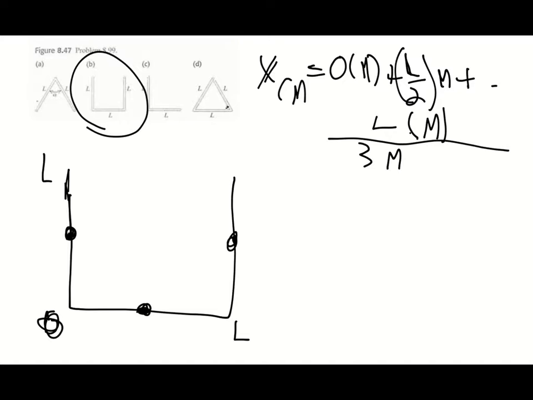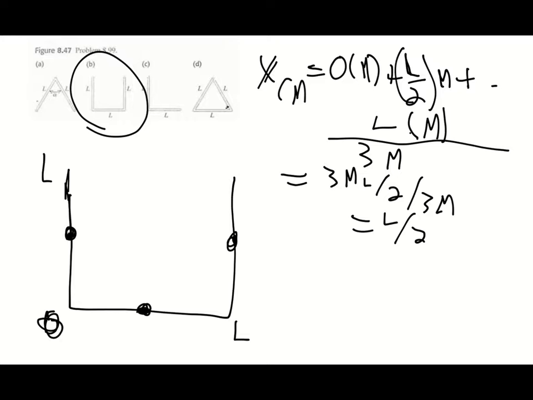Okay, when we do that, we're going to get basically 3m L over 2 divided by 3m. That's going to give us L over 2. Okay. So our x coordinate is going to be L over 2.